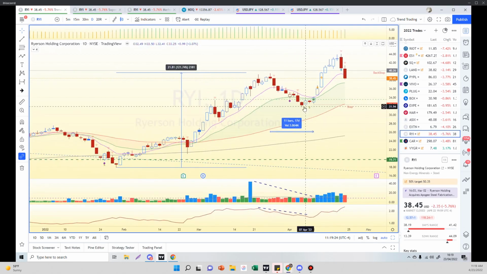Forget the fact that it's 11 bars, but the way that we have the 10 periods coming down, the 21 period is flat and they're squeezing together, and the 50's coming up. That's where you want to see this squeezing together.